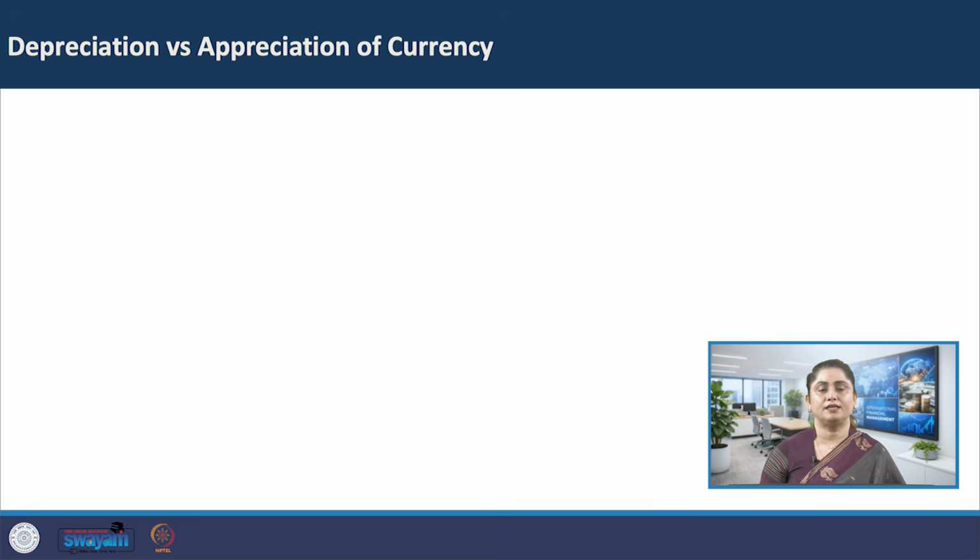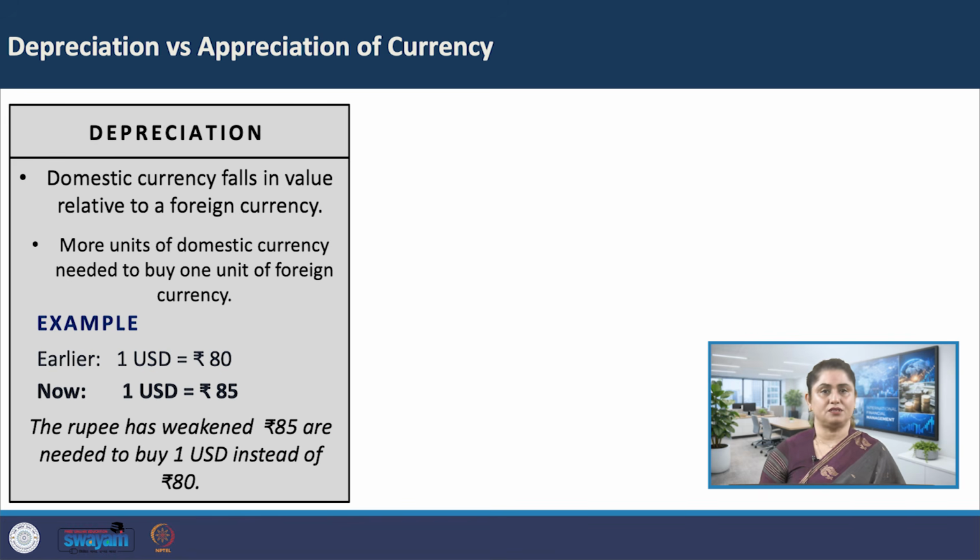Now, we will understand depreciation and appreciation of currency. These are perhaps the two most important and most frequently used terms in international financial management. Currency depreciation means that a currency has fallen in value relative to another currency. You now need more units of the domestic currency to buy 1 unit of the foreign currency. Now let us consider a situation in which the rupee has depreciated.